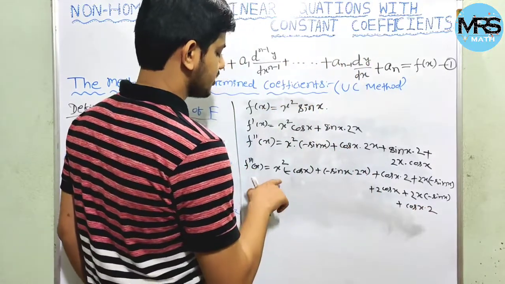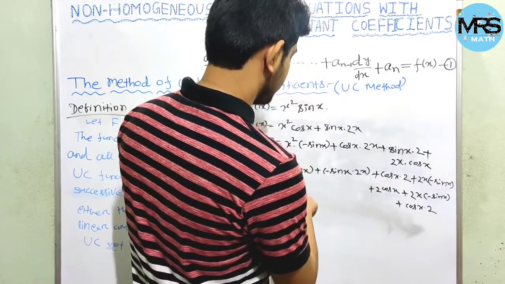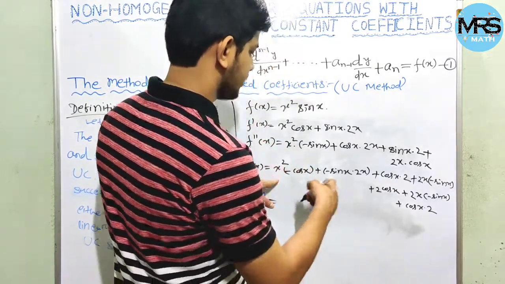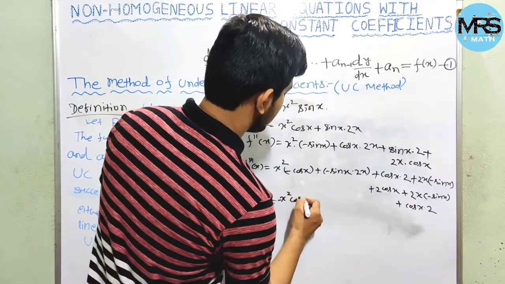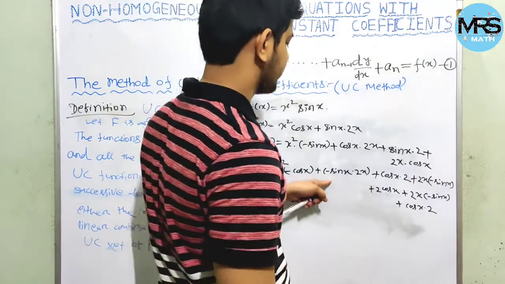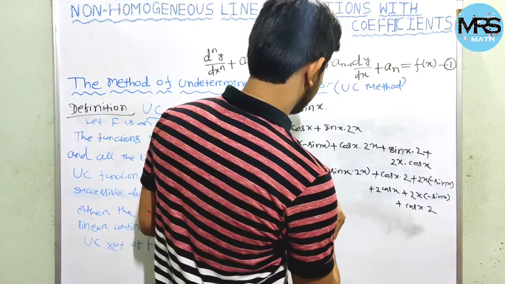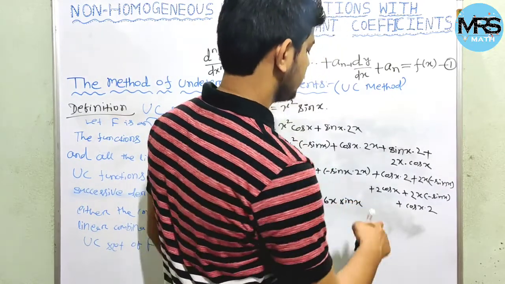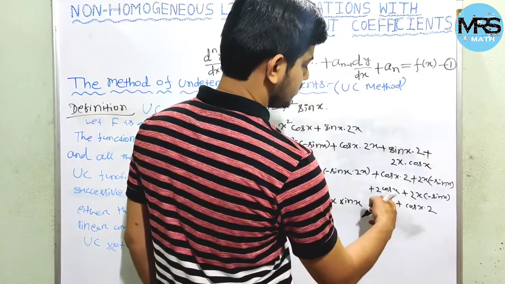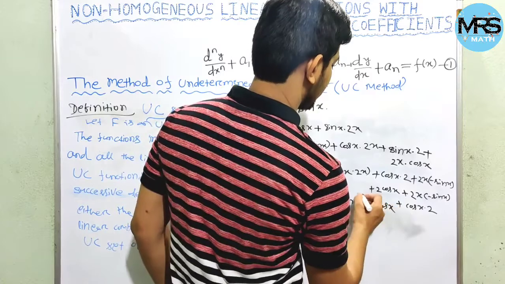So that gives x square minus cos x. No function is of a new type, so minus x square cos x is there, minus sin x 2x, so minus 6x sin x. This is cos x into 2, this is 2 cos x, so 6 cos x.